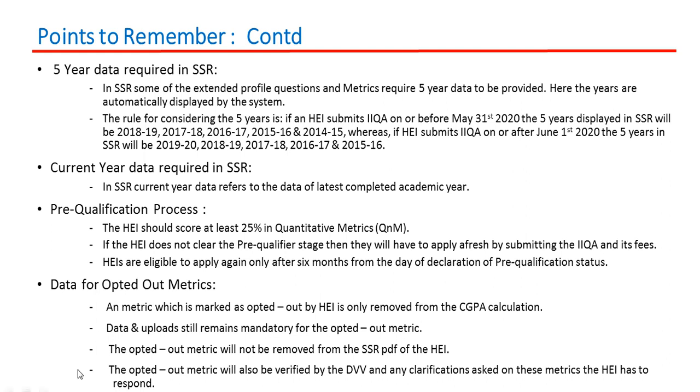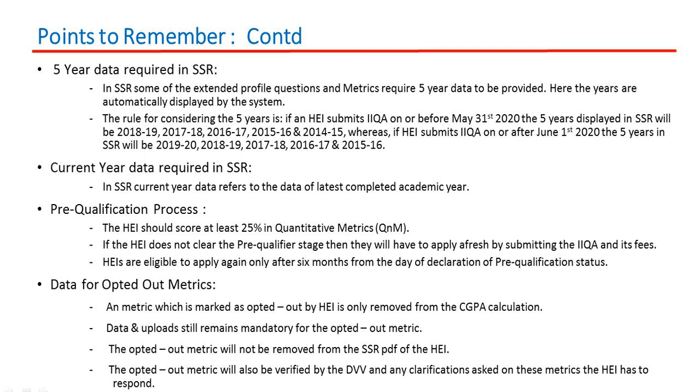And here by quantitative metrics we mean only the metrics excluding triple S and implement related metrics if any. That is, the student satisfaction survey score is not taken in the pre-qualification percentage calculation.